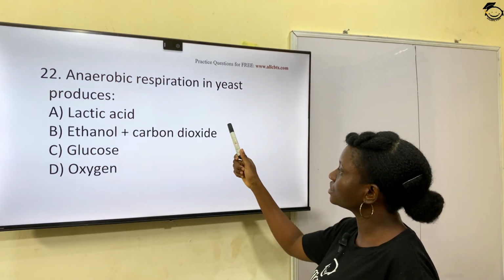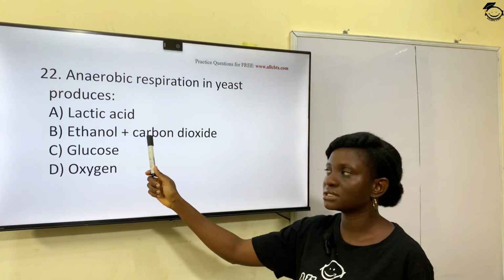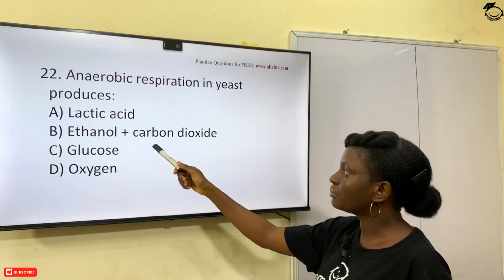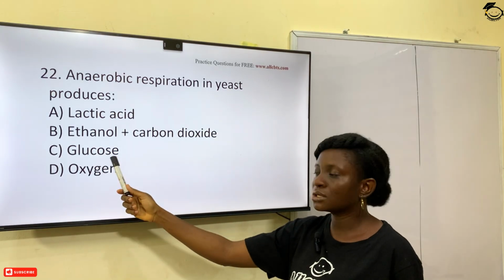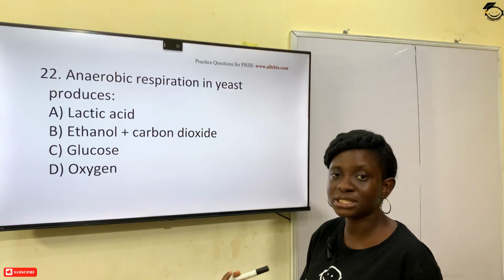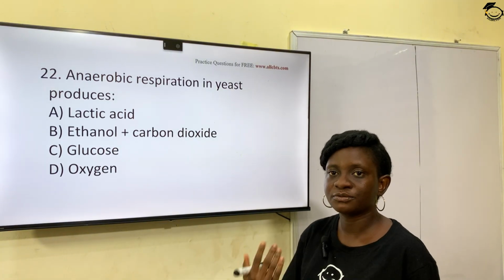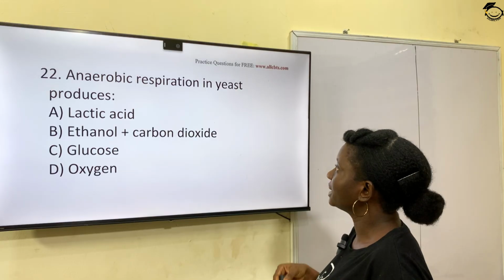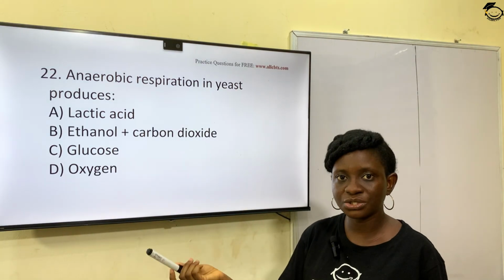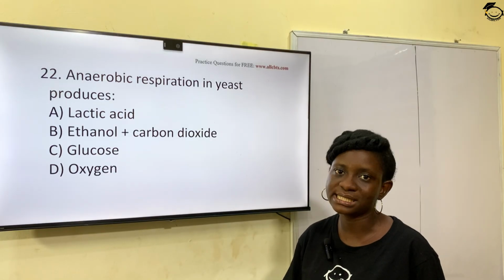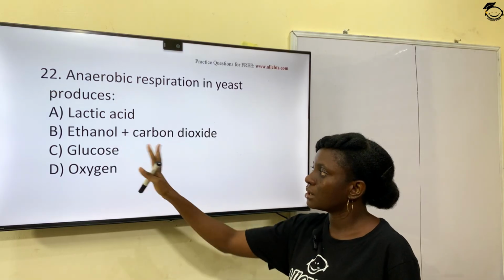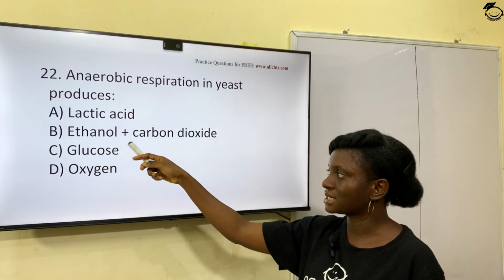Anaerobic respiration in yeast produces A. Lactic acid, B. Ethanol plus carbon dioxide, C. Glucose, D. Oxygen. So anaerobic respiration in yeast produces ethanol and CO2 as the final product. That makes option B the correct answer.